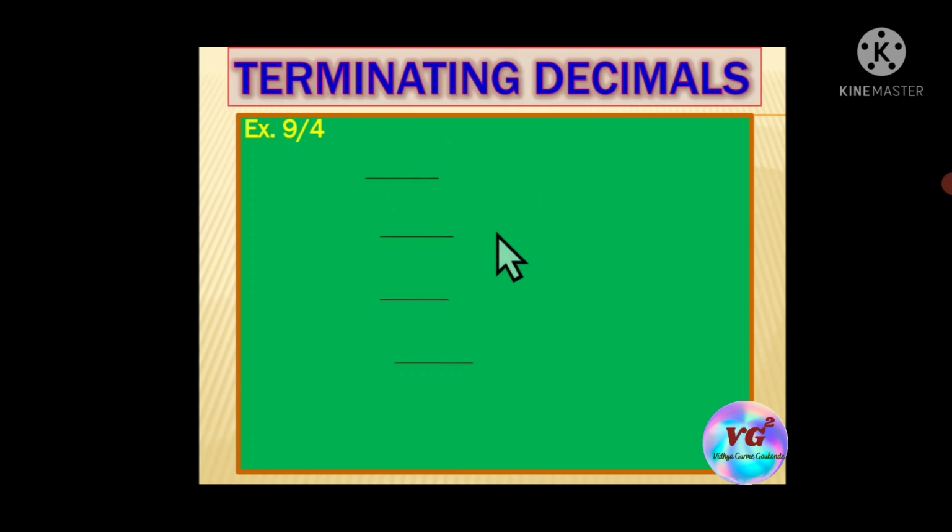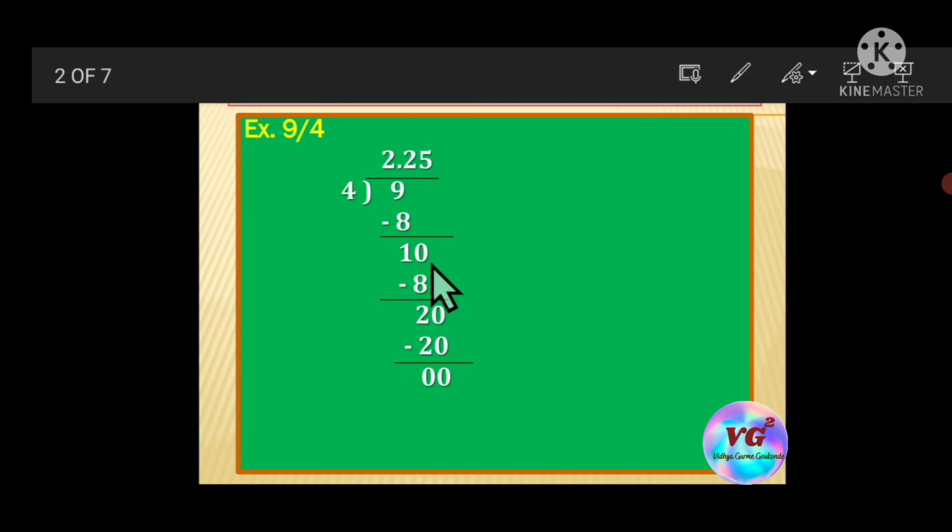And when we divide 9 by 4, then division will become as 4 twos are 8. 9 minus 8 will become 1. 1 is smaller than 4. So we need to take one decimal point in the quotient and a 0 in front of 1. Then 1 will convert into 10. 4 twos are 8. 10 minus 8 is equals to 2.